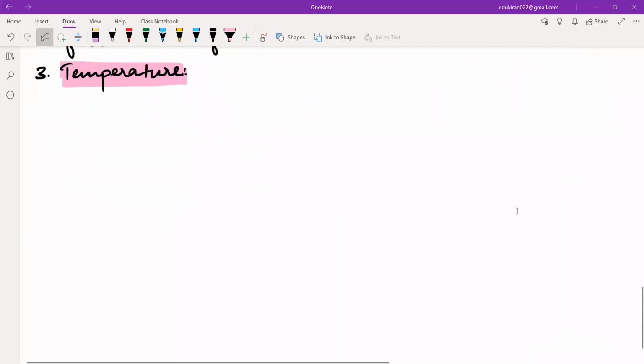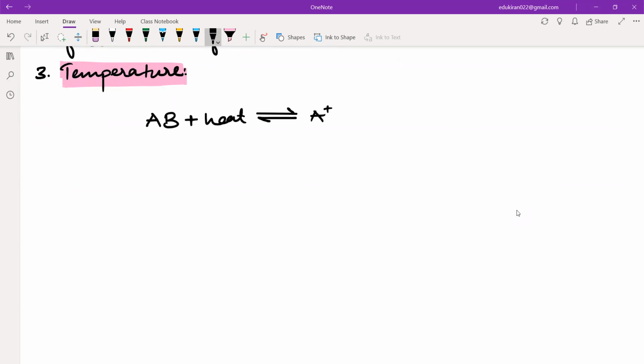Whenever we have temperature as a case, the process of dissolution can be of two types. One case: AB requires some heat in order to get dissolved into A plus and B negative.